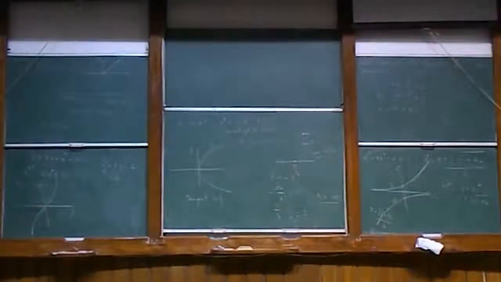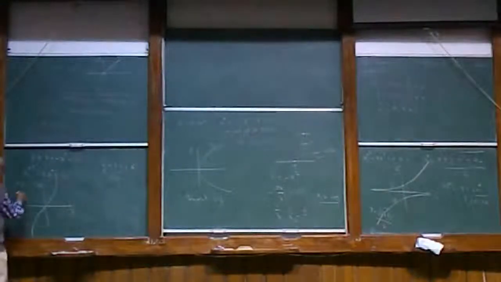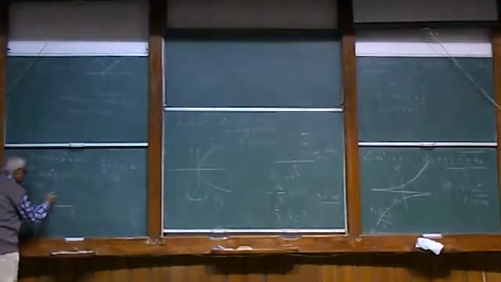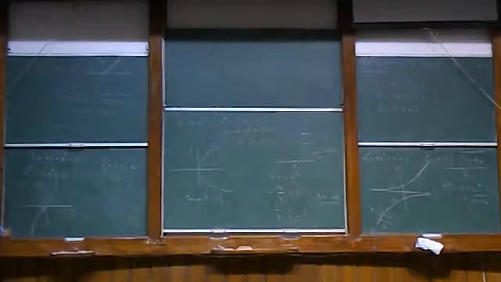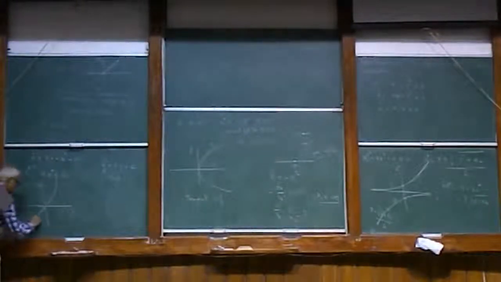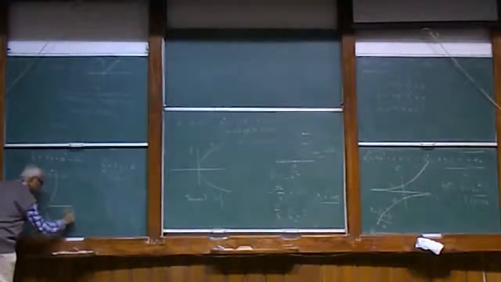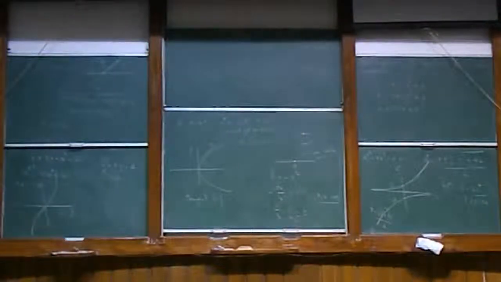So that's what it is. And then epsilon, a constant. So epsilon, if positive, sits over here. Epsilon, if negative, sits over here. Either way, there is just one intersection. Right?